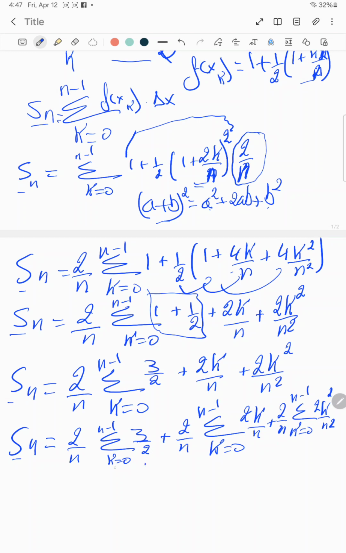For this one, I know there is no k in 3 over 2, so I can put it outside the sum, and I put 1 inside the sum. S of n equals 2 over n times 3 over 2 sum of 1.